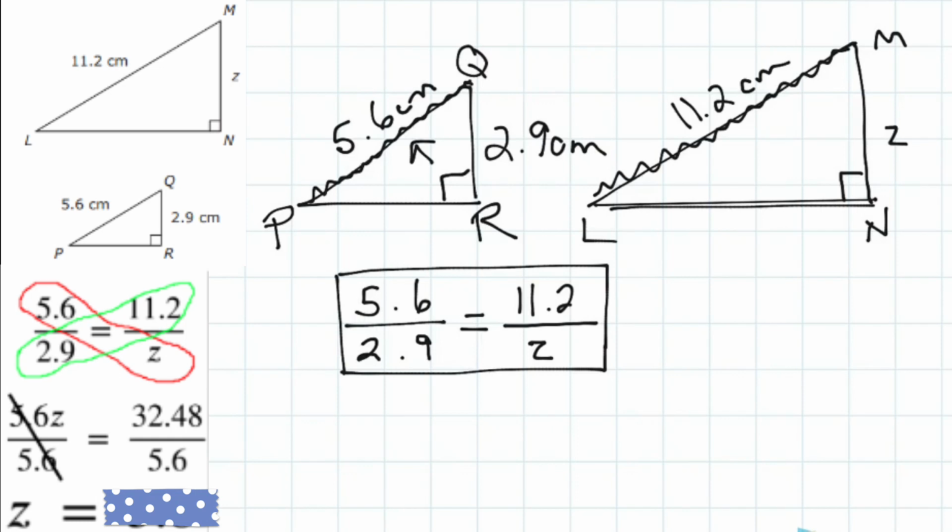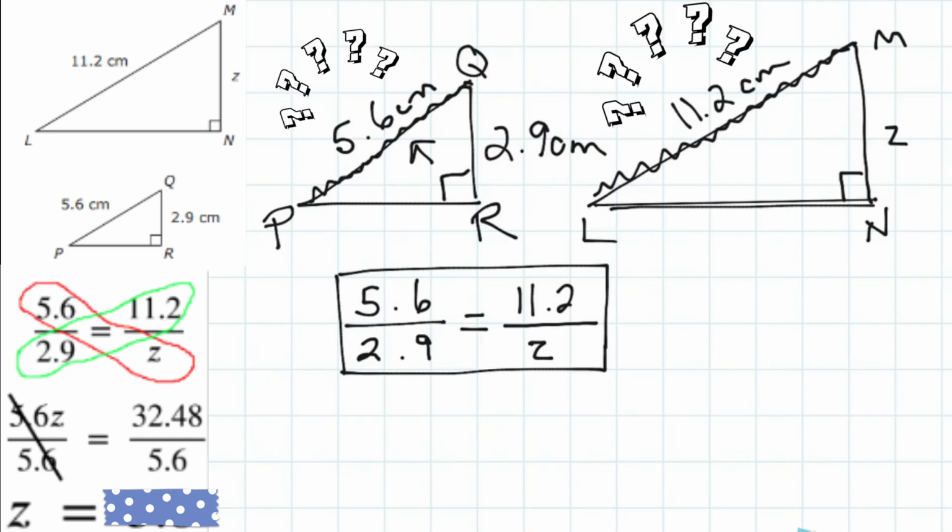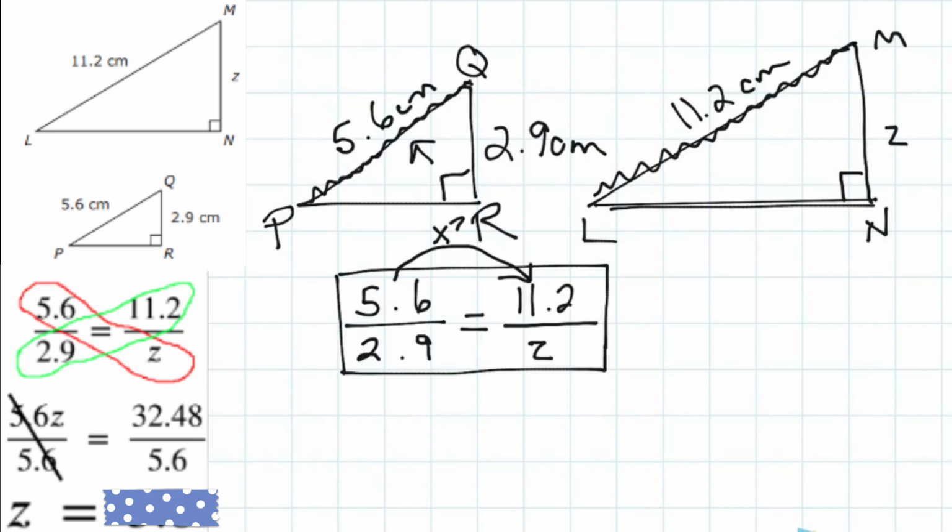I would like to use the corresponding hypotenuses, the corresponding sides we know both numbers for, in order to see what the scale factor is. The scale factor is the number of times one proportional shape or side will fit into another. So, times question mark, how many times will 5.6 fit into 11.2?